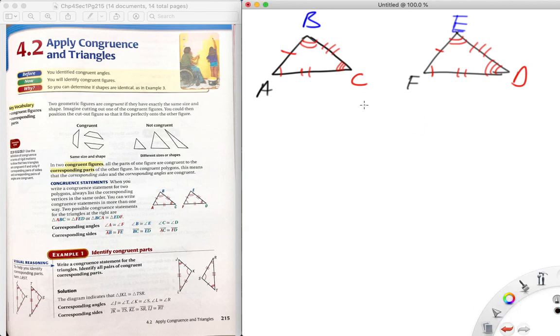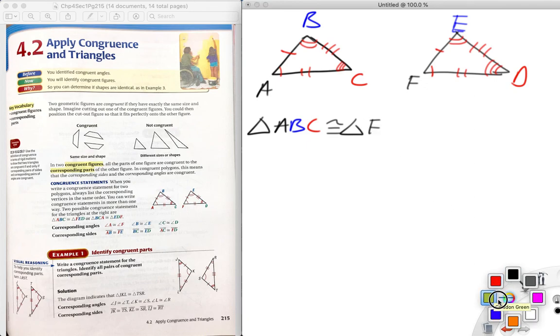We can write that the triangles are congruent in different ways. We can write triangle ABC, notice I'm doing it based off of their corresponding angles, is congruent to triangle FED.